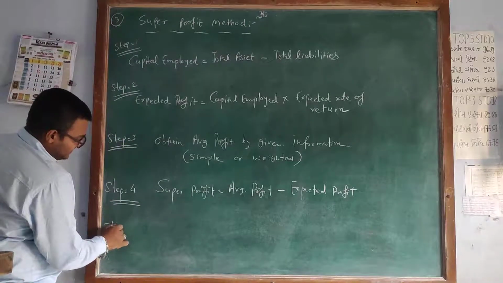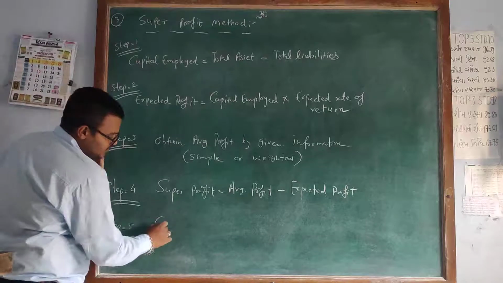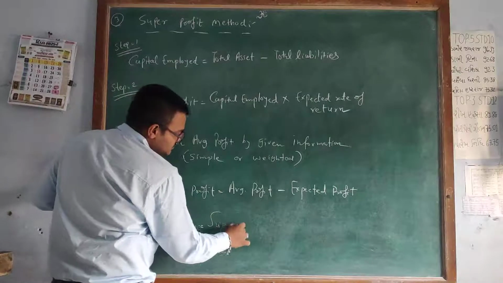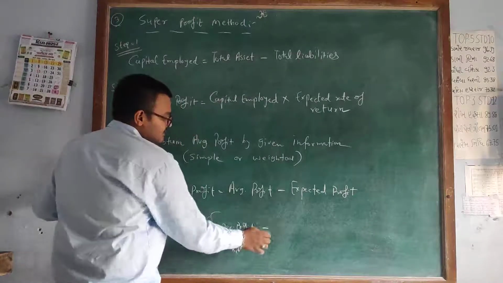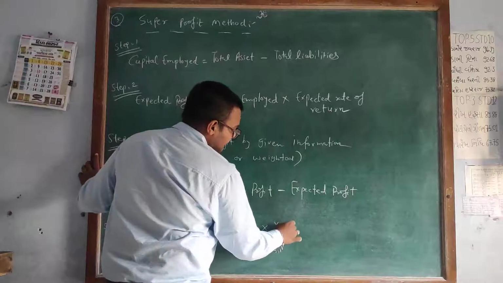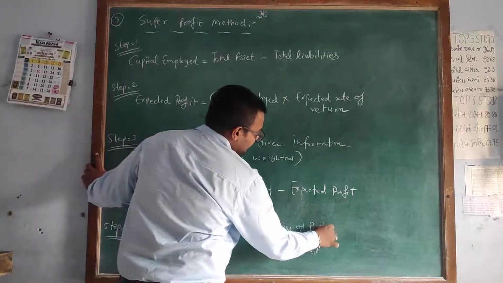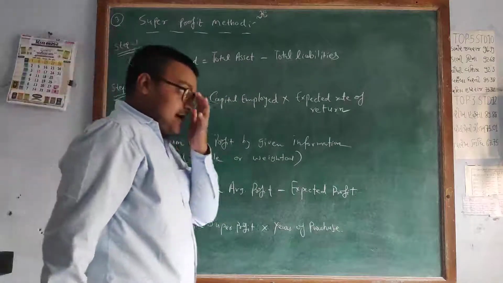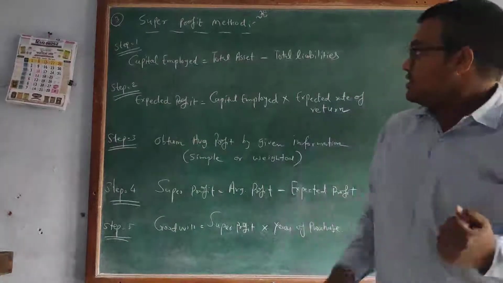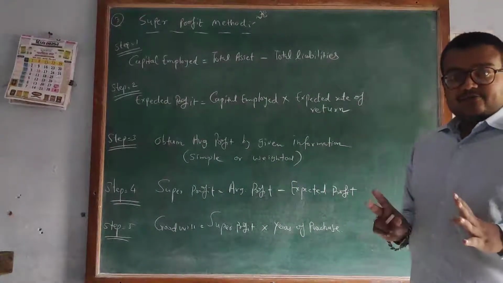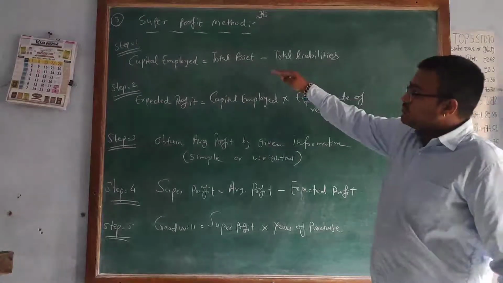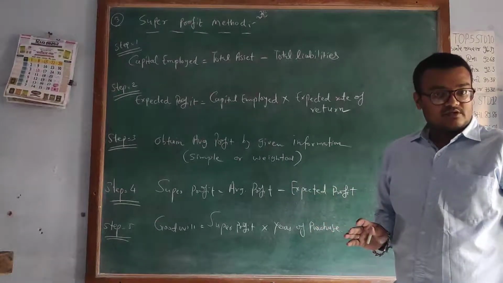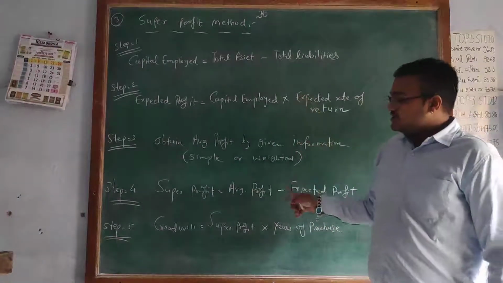And the last step will be goodwill is equal to super profit into years of purchase. That will be our steps for the super profit method. Friends, you have to follow these steps for the super profit method. Okay, first learn these steps.